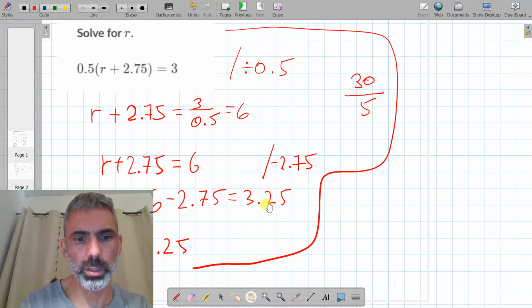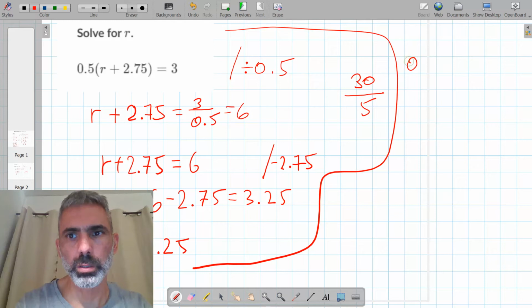Now, to verify that this is the correct answer, I will plug in the result 3.25 in the original equation. So 0.5 times 3.25 plus 2.75 equals 3.